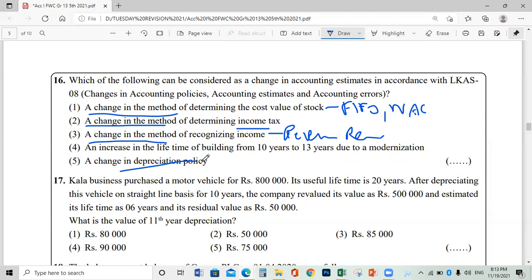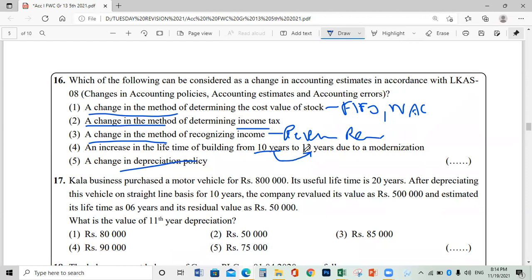Now see the fourth one: an increase in the lifetime of a building from 10 years to 13 years due to modernization. Guys, how do you know about the future? You don't know, right? Because of this modernization, you're not sure that your building's useful life will change. But based on your judgment, you're making an estimate that the building lifetime increases from 10 to 13.